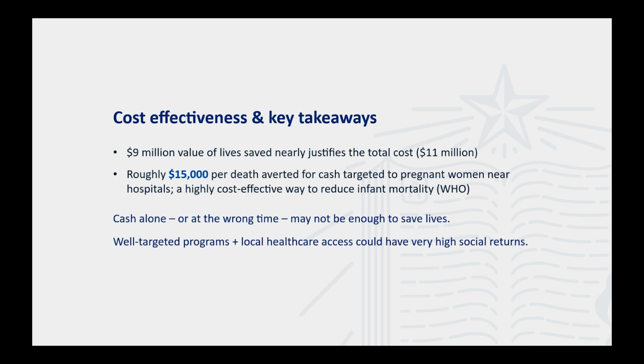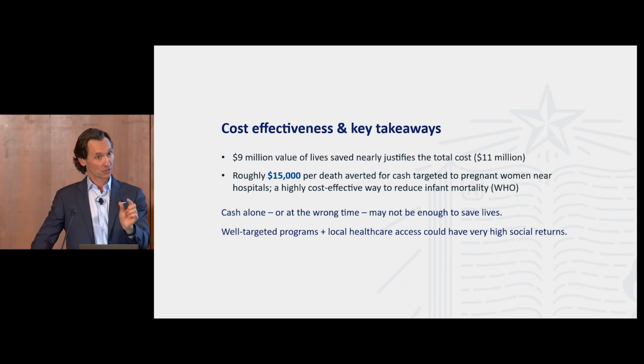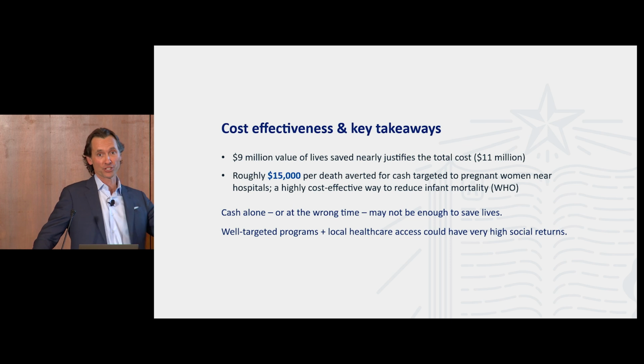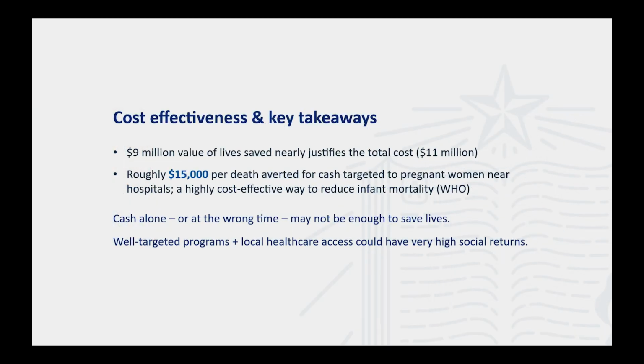There are other kinds of cost effectiveness calculations you can do. One of the ones that we've done is to ask, what if we targeted all this money to women who were pregnant? So they had cash in hand in their birth month. I just showed you that was a very cost-effective moment to target the funds, and especially the women who live near hospitals. They have the biggest reduction.